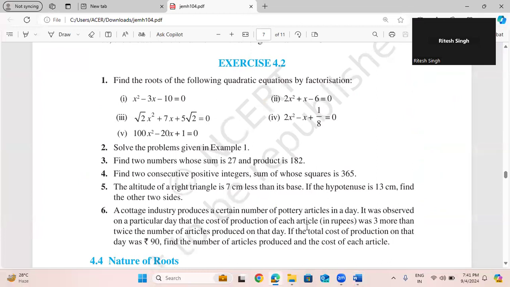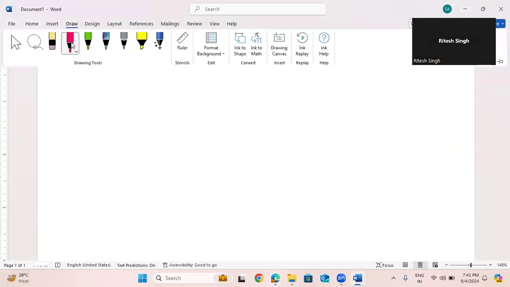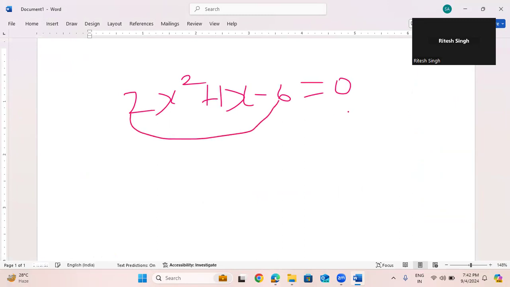See, the second question is what? 2x square plus x minus 6 is equal to 0. Now again our process will remain the same. Here nothing is there, we will put 1. Now first into last, 2 into minus 6, it will be what? Minus 12.